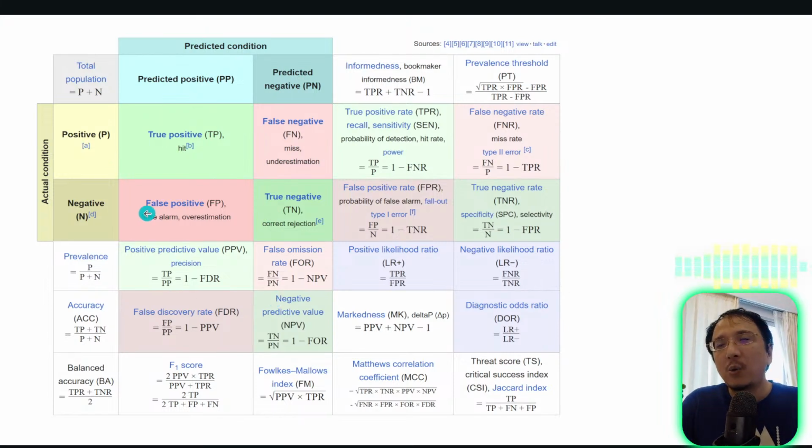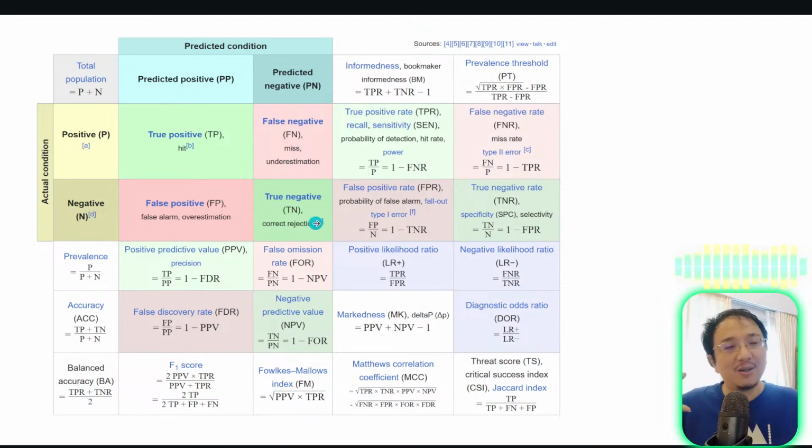And we also call the false positive a false alarm or overestimate, and this one is a hit, and this one is a correct rejection. In different areas they have different terminology. You have to be quite careful and observant, because people are so familiar with the terms that they don't even understand what the definition is. But you can always translate every meaning back to this table.